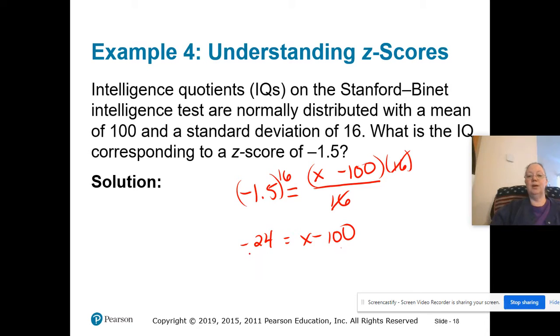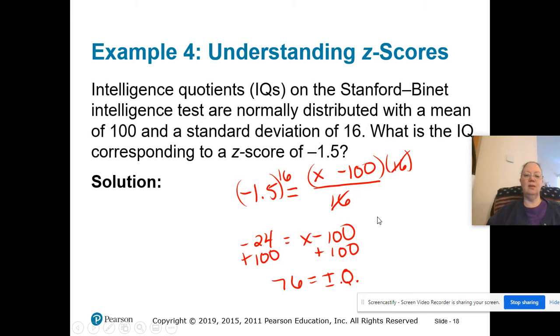I have to take this 100 and move it to the other side. I have to get x by itself. The opposite of subtract is add. So we're going to add 100, and we get 76. So an IQ of 76 would be a z-score of negative 1.5.